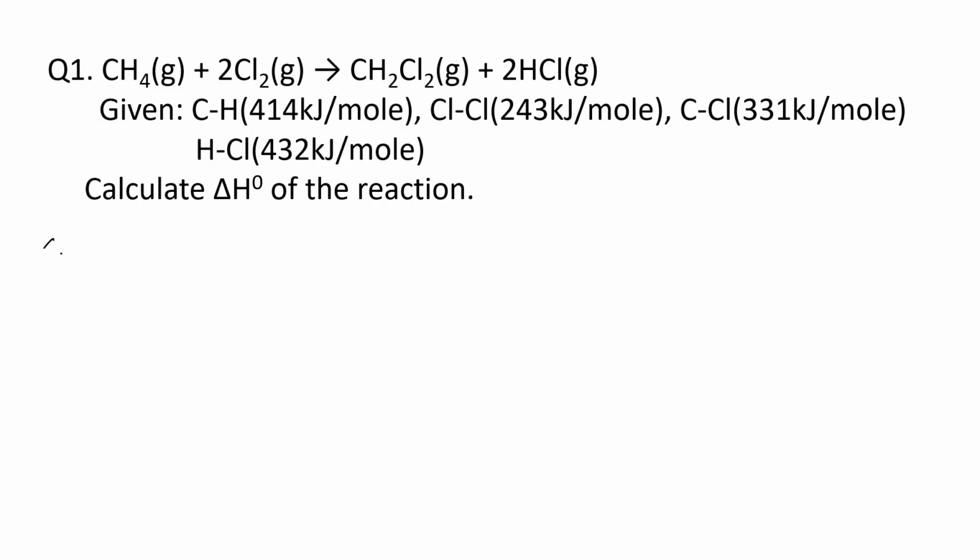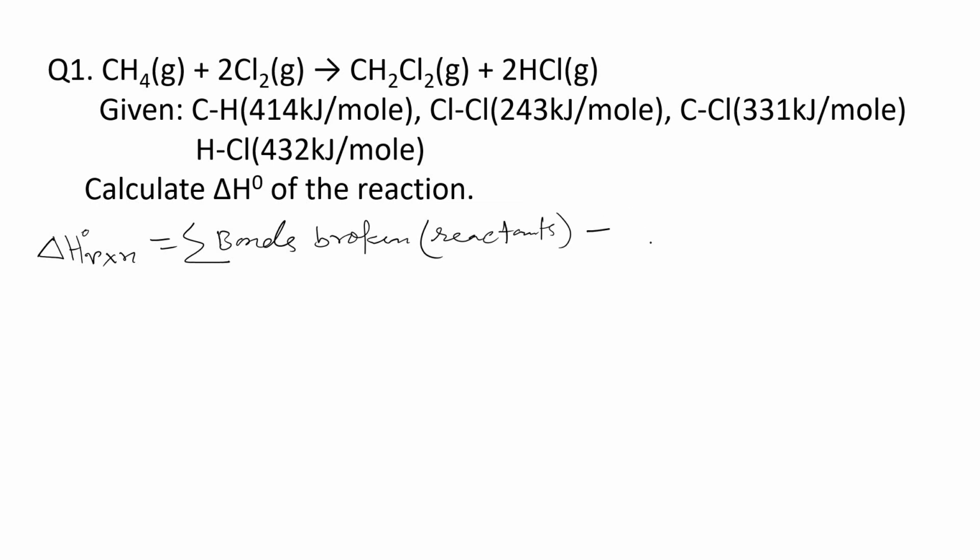So we know, just now we have seen the formula, delta H0 of the reaction is the summation of the bond enthalpies of bonds broken, that means the energy of the bonds broken, in the reactants, minus the summation of the enthalpies of the bonds formed. So I am writing in short, bond formed.